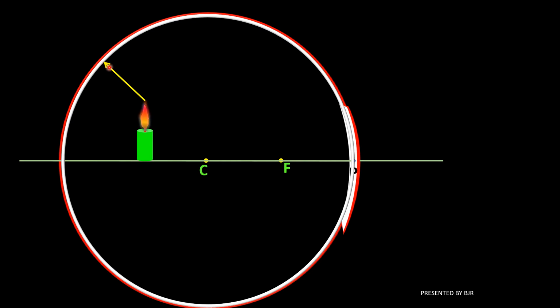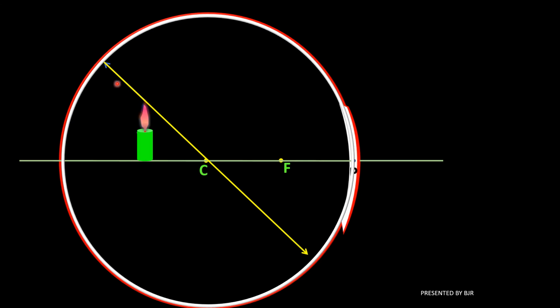Just we have to draw the radius. So the radius itself is the normal. That means the incident ray is traveling along the normal. Then what will happen? It will get reflected here, and it retraces its path and will travel along the same path but in the opposite direction, and passes through the center of curvature, you see here.